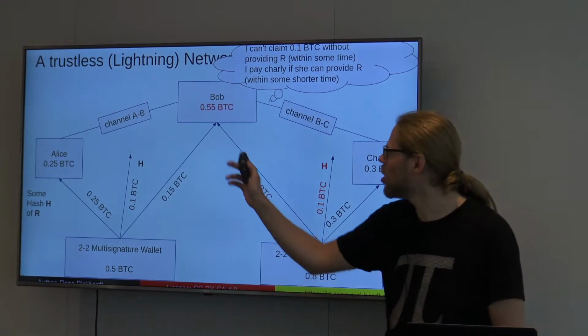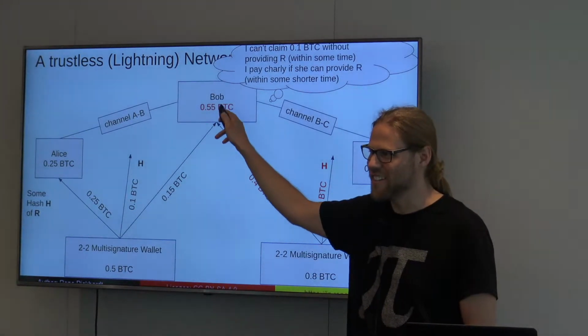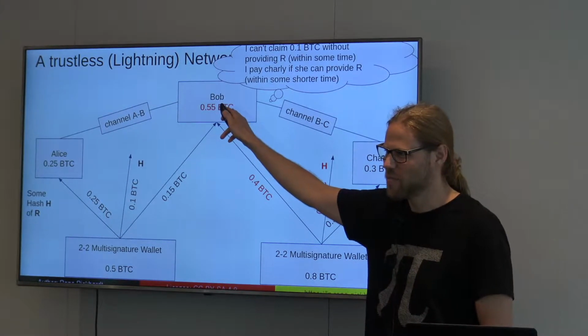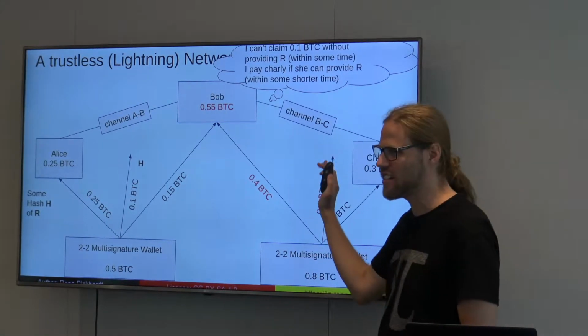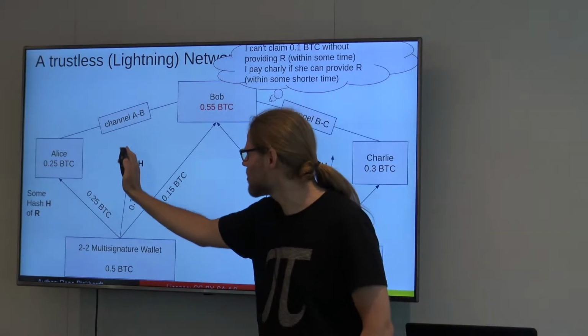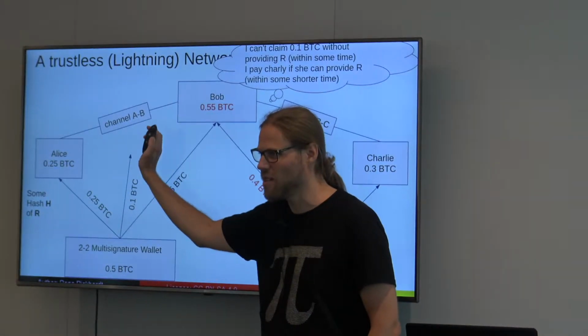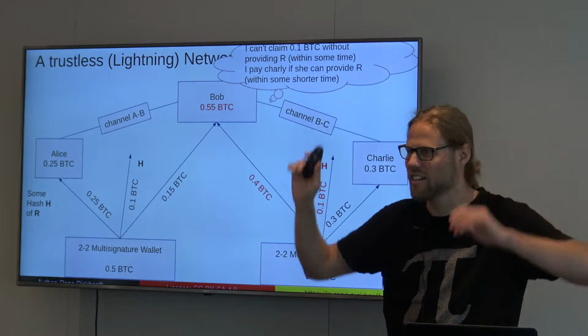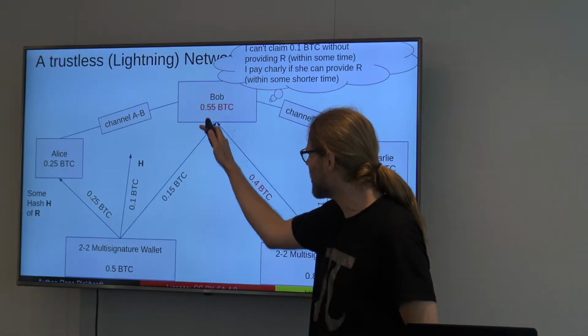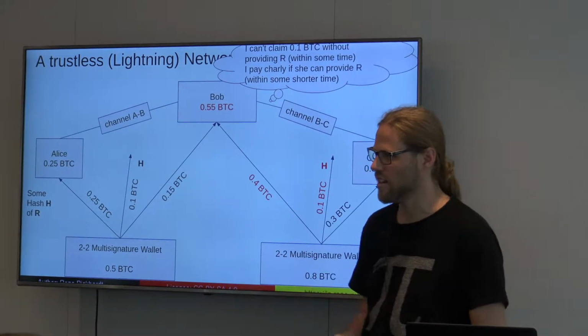And as you can see, Bob now has less money than before, right? Because this money technically does not belong to him. This money is technically not claimed by him yet, right? It's like somewhere in nirvana, right? And the real money that's really here at this point is there, right?